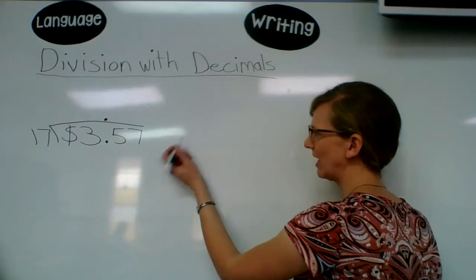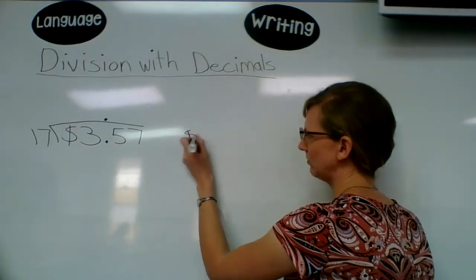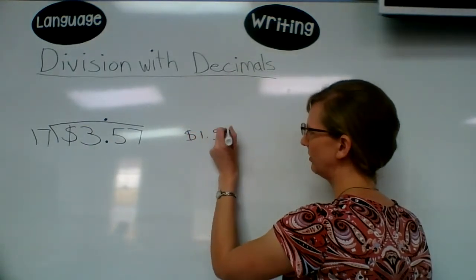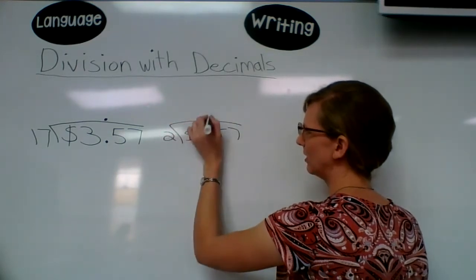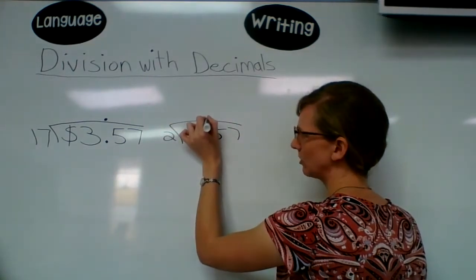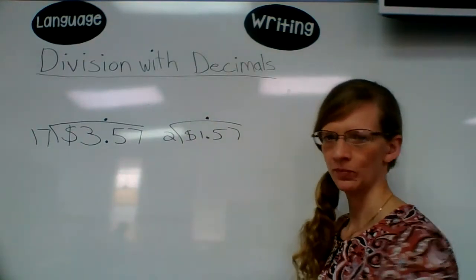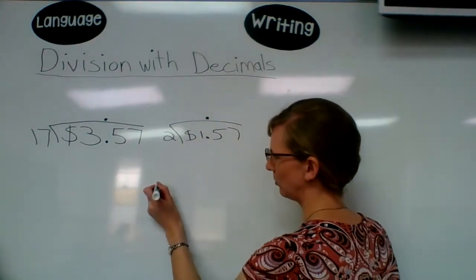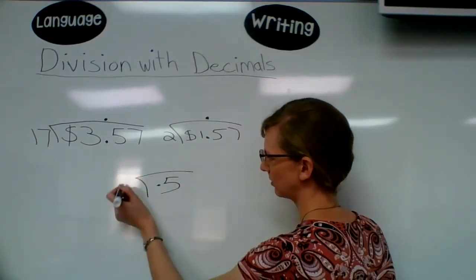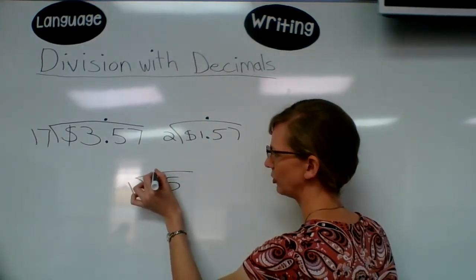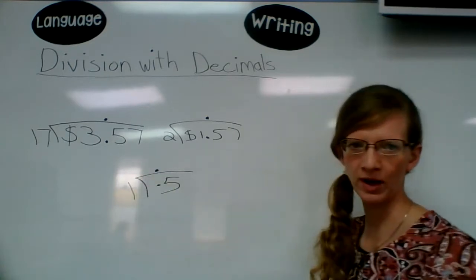So if I am dividing $1.57 by 2, the first thing I'm going to do is bring my decimal point up. If I'm dividing 0.5 by 1, first thing I'm going to do, bring my decimal point up right where it is.